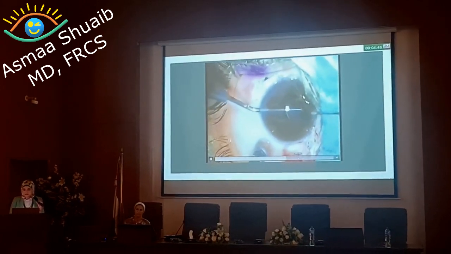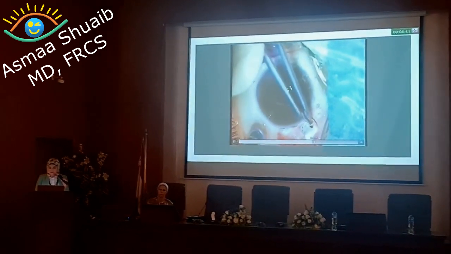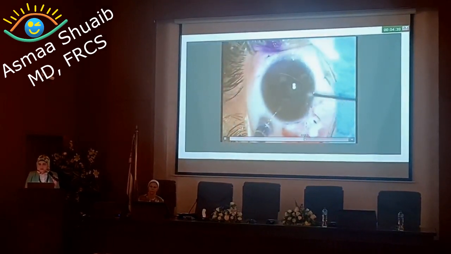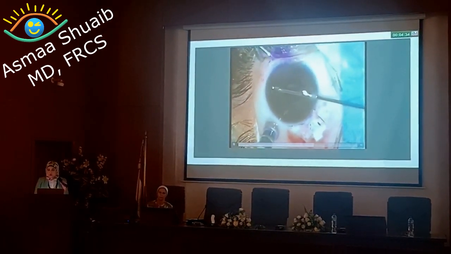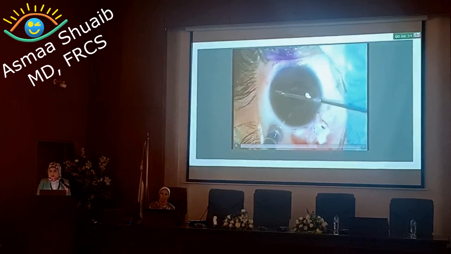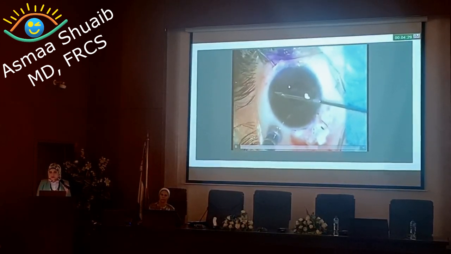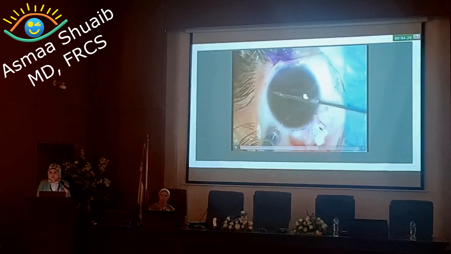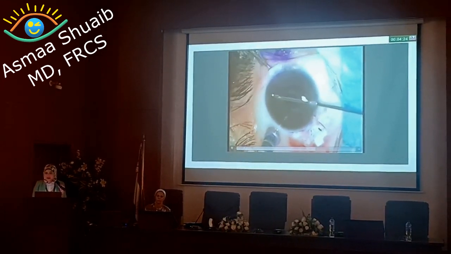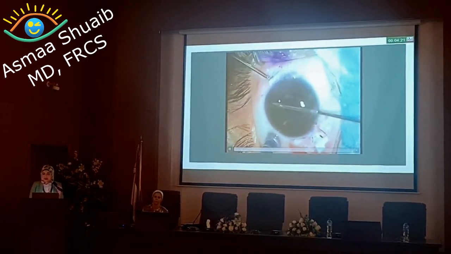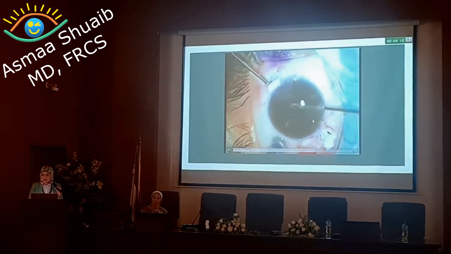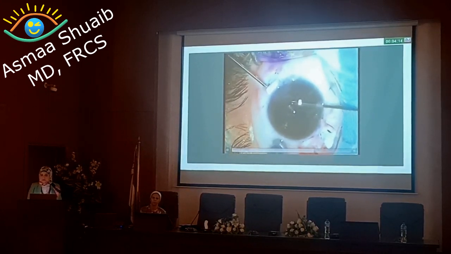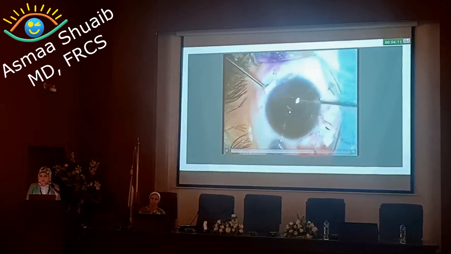In this technique, you can use two forceps in order to hold the haptic and get it outside the eye from the other side. So here we have one forceps, and here we have another forceps, and we are going to use the handshake technique in order to get the haptic outside the eye. This forceps is going to pass the haptic to the other forceps, which will hold the haptic from its tip. You have to hold it from its tip.